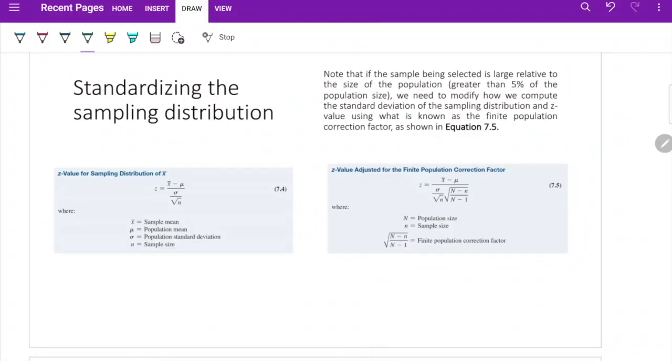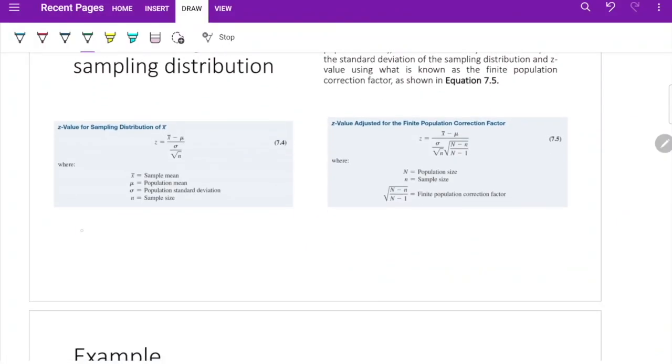Now the idea is, if you remember, every x value has a standardized value z. How do we standardize the value z? We look at the population distribution, and we said x minus mu divided by sigma, because we're talking about the population distribution.